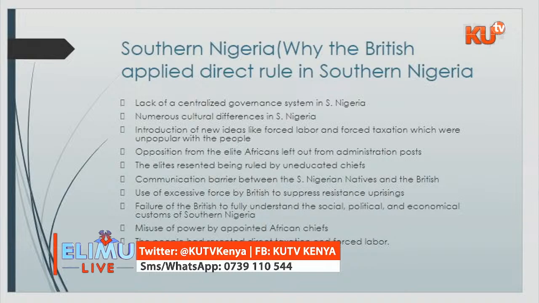Unlike northern Nigeria, the various tribes in the south never had a centralized governance system. Most of them were living their daily lives in a traditional way, and they were just at peace with how they lived. So they never had chiefs, they never had a system of administration.